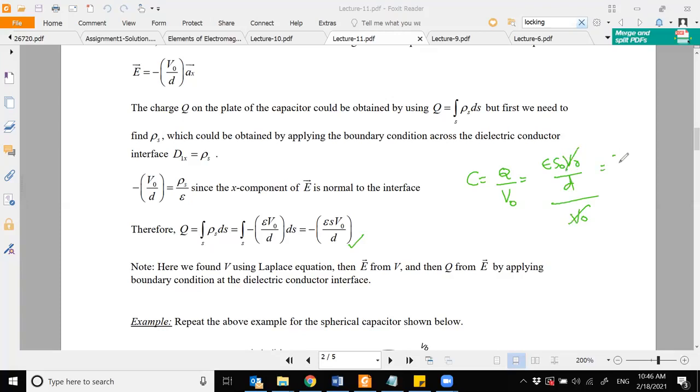And this will become epsilon S0. Sorry, there is no S0. So which is epsilon S over D. This is your capacitance, which we got from the second method.